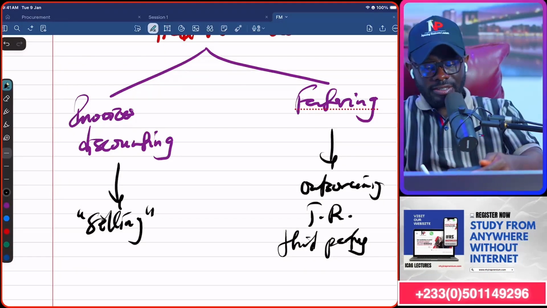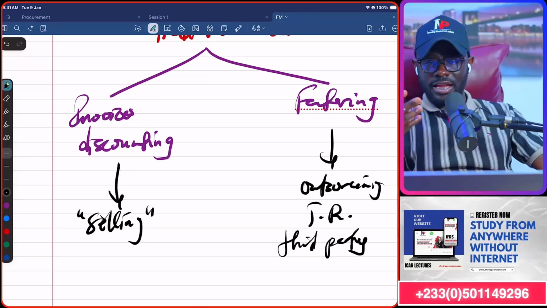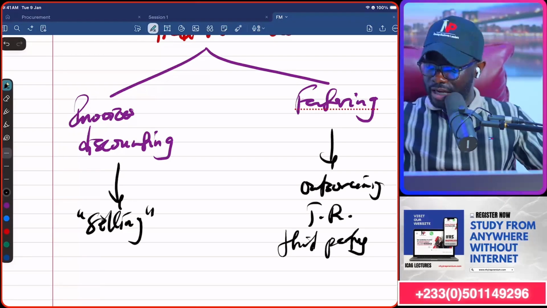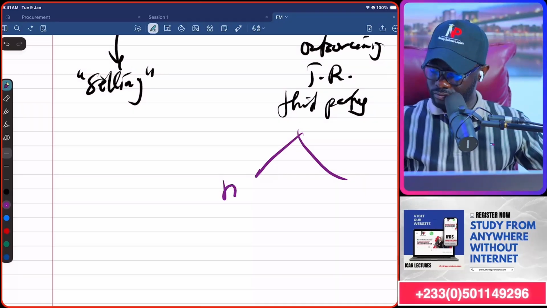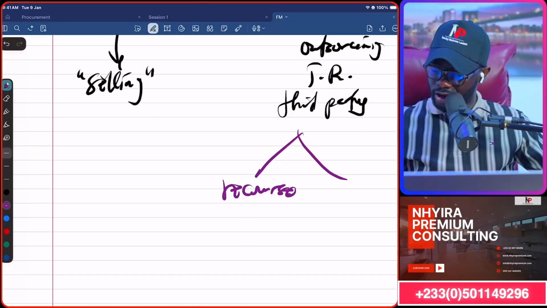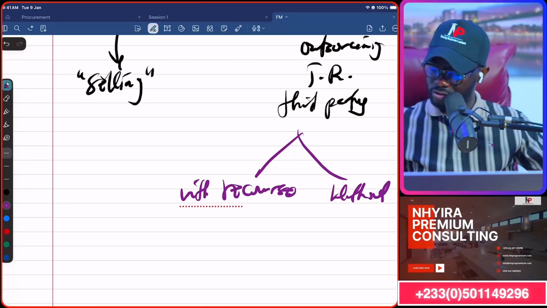Since they are refusing to pay on time, but we need our money, let's bring in a third party. So what happens is that the factor comes in and we can arrange. We had debt factoring with recourse, debt factoring without recourse.